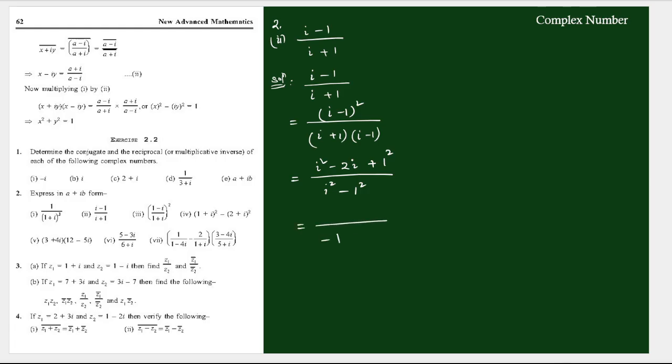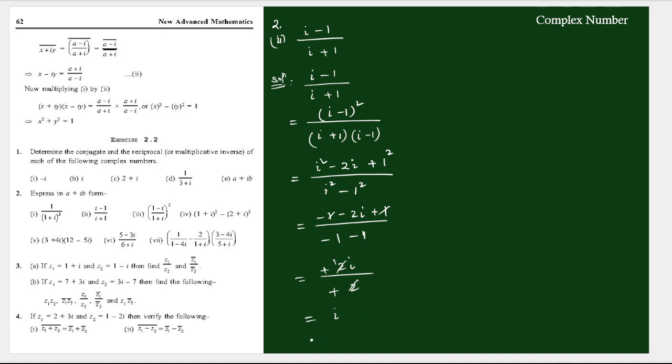So i square is minus 1, minus 1. i square is minus 1, minus 2i plus 1. So plus and minus become 0. And then we get only how much? Minus 2i, minus minus 2 becomes plus. 2 cancel out. And we got only i.